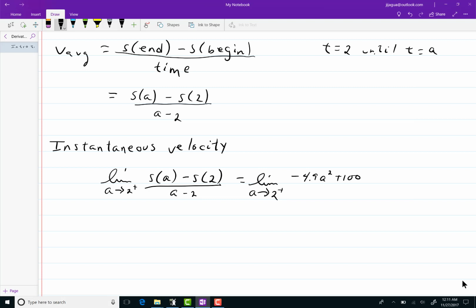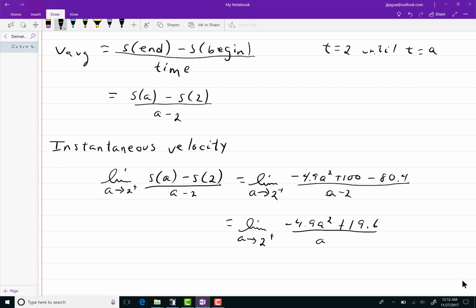And s of 2 we knew to be 80.4, all over a minus 2. This equals the limit as a goes to 2 from the plus of negative 4.9 a squared plus, it looks like 19.6 over a minus 2.